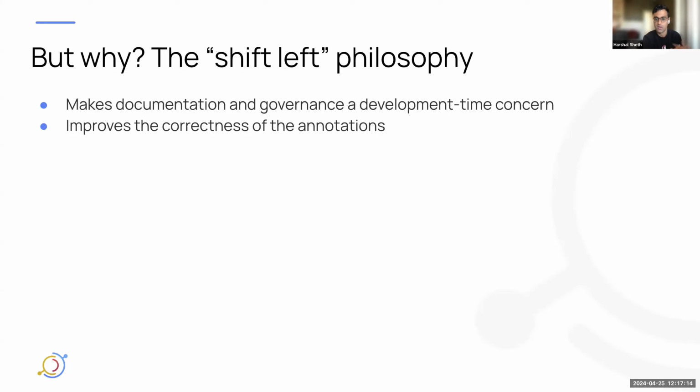It's the idea of making documentation and governance and things like ownership a development time concern. If you're building out a DBT model, you've got information about what things are PII, what things are sensitive, who owns this, who are the stakeholders. And if you do that quick annotation of just writing a couple lines in YAML, that saves a lot of people a lot of time down the line.